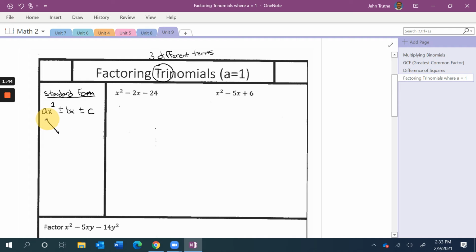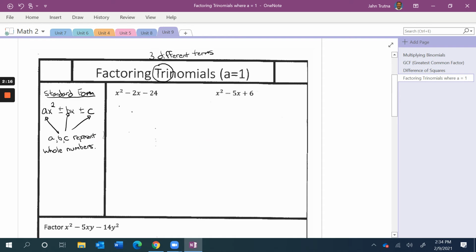So a represents a number, b represents a number, c represents a number, whole numbers like 1, 2, 3, 4, 5, 6, 7, etc., or negative 1, negative 2, negative 3, negative 4, negative 5, etc.